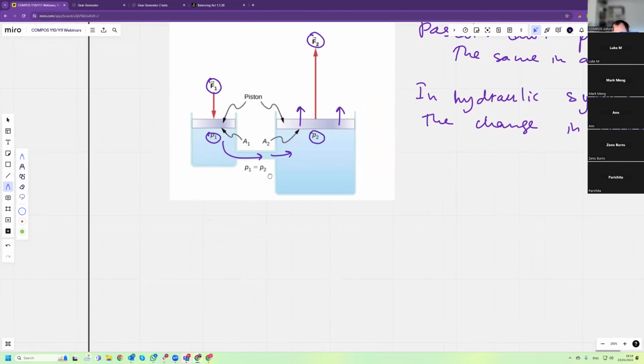So the force F1 is equal to pressure times area, P1 times A1. And the force on this piston, F2, is equal to P2 multiplied by A2.